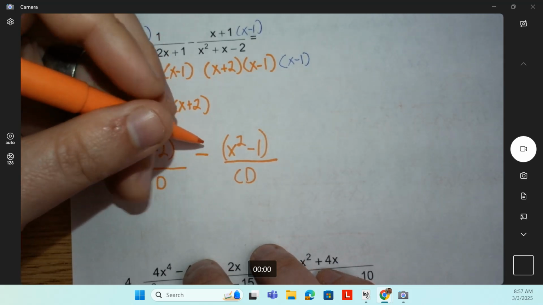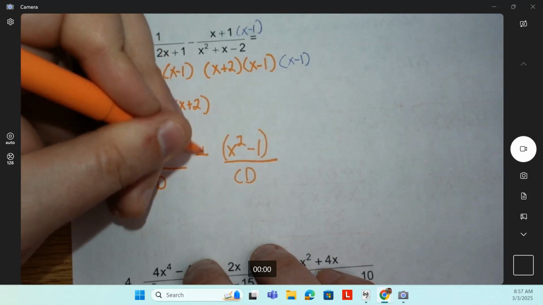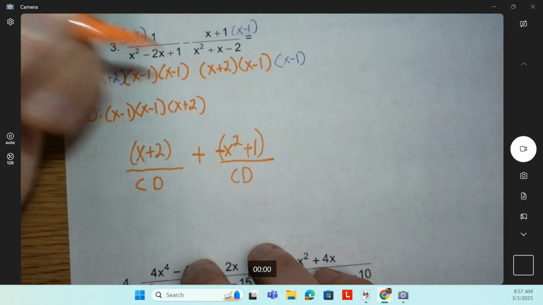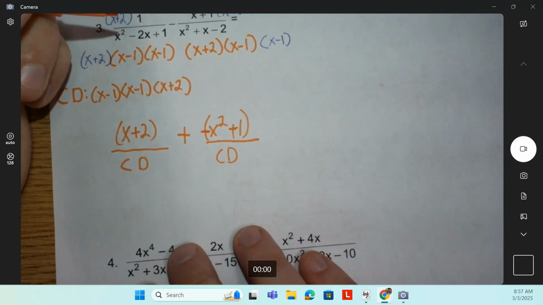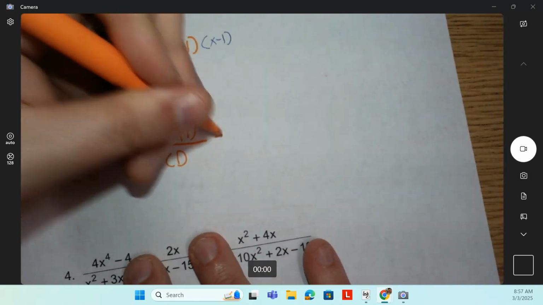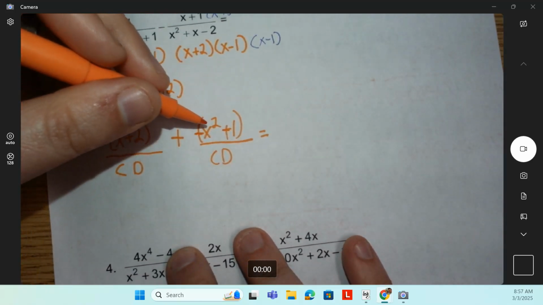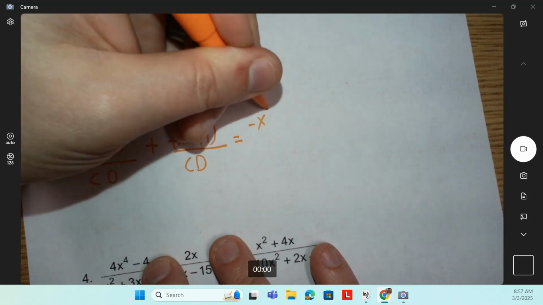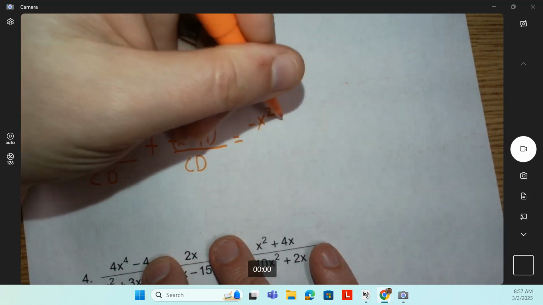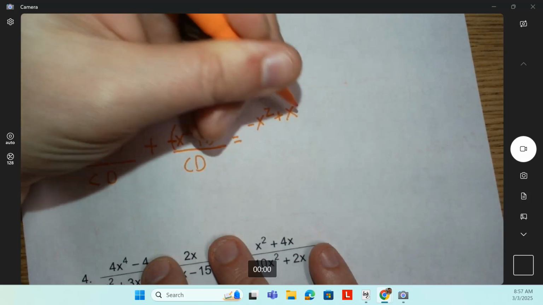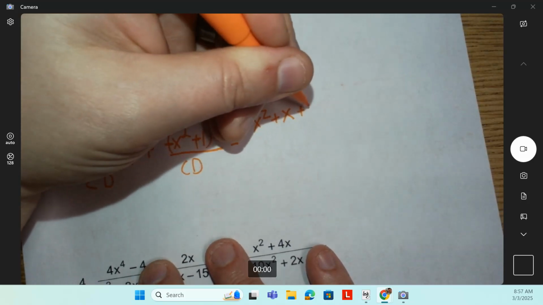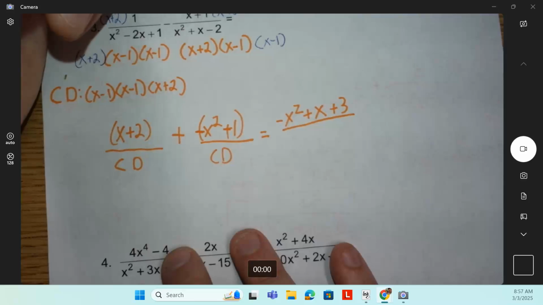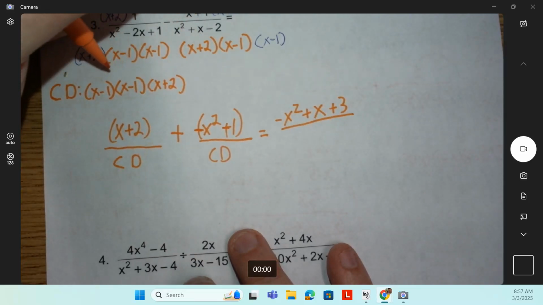So since I'm subtracting that, we will change that to addition. Make that a negative, this one a positive. And what I end up with is a negative x squared plus x plus 3. All that is going to be over my common denominator here.